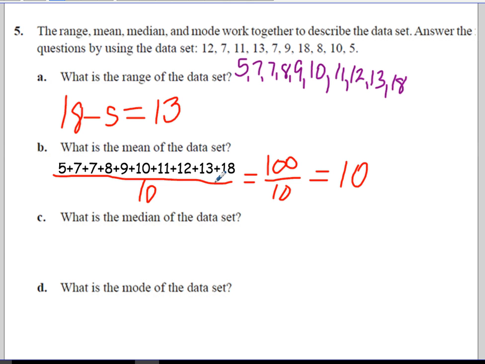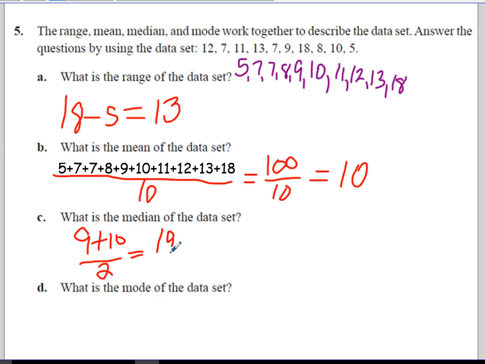And then the median is halfway in between. And so if we count off, we're going to have 2 in the middle, which would be the 5th and the 6th number. So 1, 2, 3, 4, 5, 6. So that's going to be the 9 and the 10 in the middle spot. And again, we're dividing by 2 since there's 2 numbers.